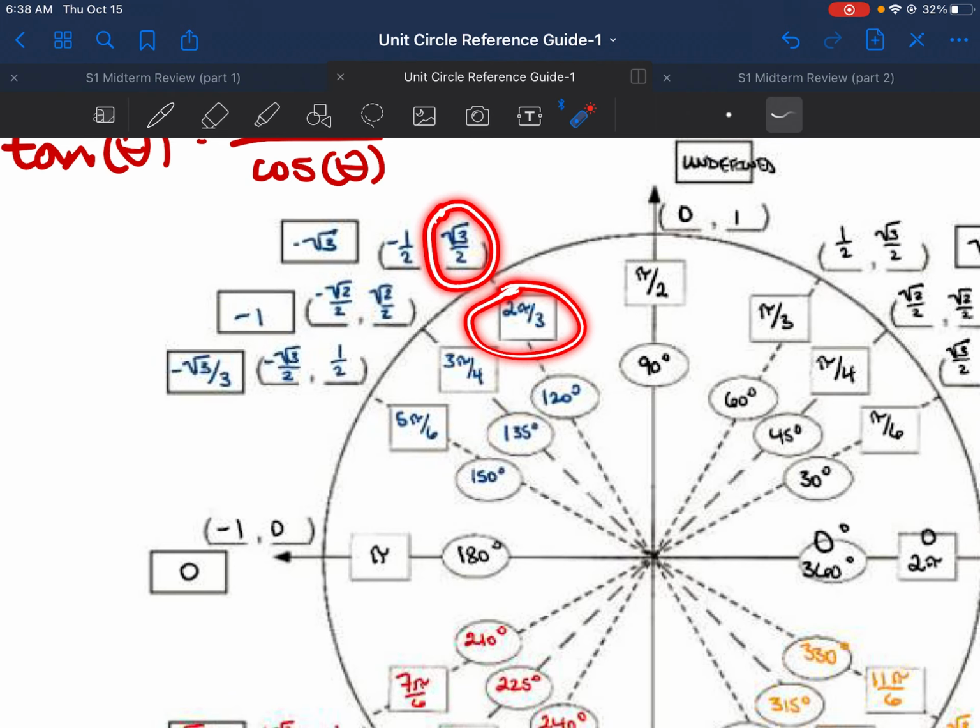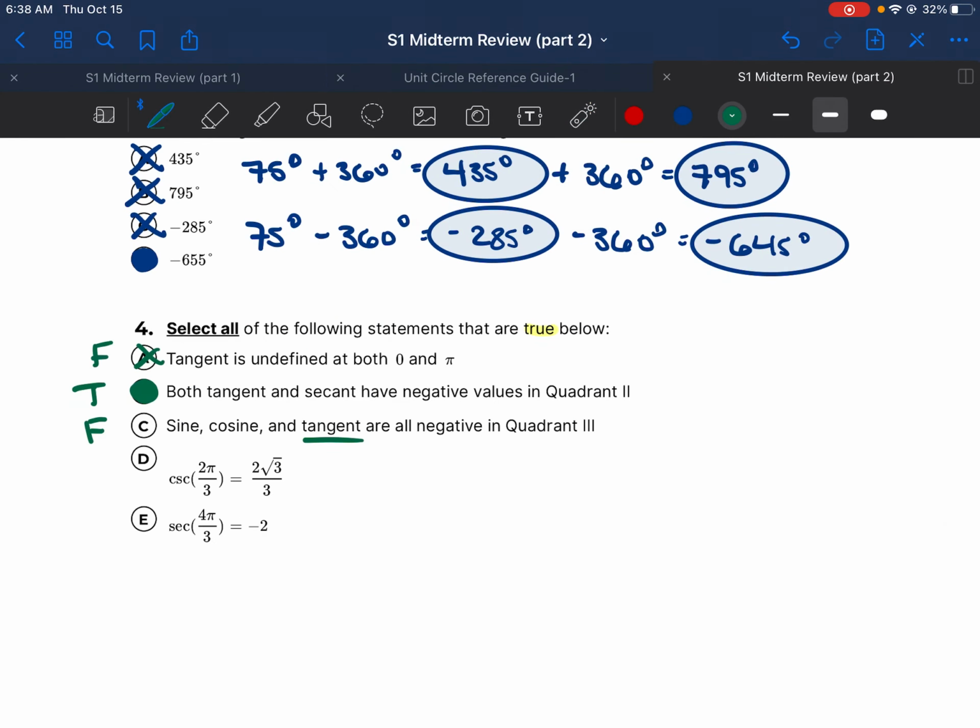So if we take its reciprocal, the reciprocal of square root of 3 over 2 is 2 over square root of 3. Well, we know in this class that we don't like square roots in the denominator, so let's go ahead and rationalize the denominator by multiplying top and bottom by square root of 3. This would give us 2 root 3 over 3, which is true. Let's go ahead and select that answer choice.